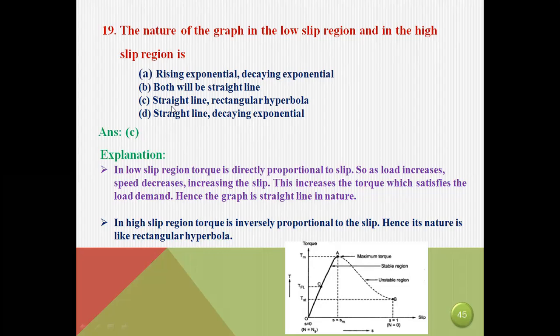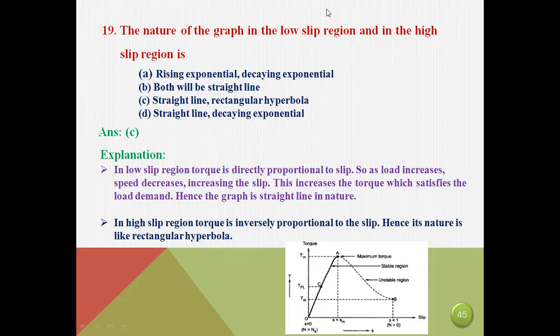So these are the two parts. Another is the high slip region. Here it looks like a decrease, but it is actually a rectangular hyperbola. In the low slip region, torque is directly proportional to the slip. If we increase the load, speed decreases, and as speed decreases, slip increases. This increases the torque, which satisfies the load demand.